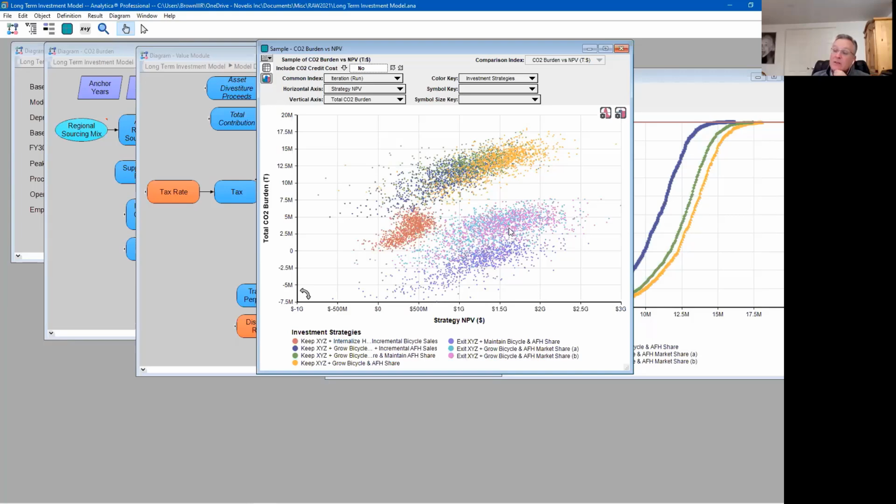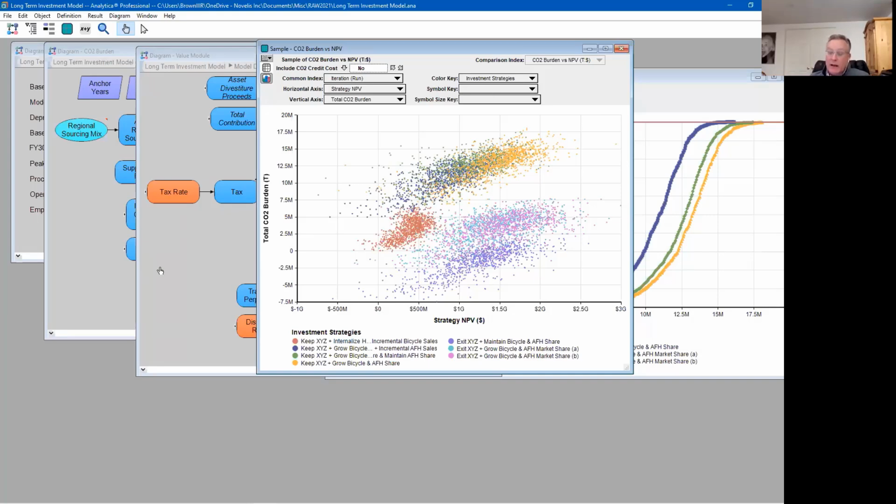There may be other reasons why we might still pursue these strategies, even though this grouping or scatter of CO2 outcomes are the lowest. So another way to think about this would be to convert the CO2 generated from a kilogram production level to an actual dollar level, and then do a dollar-to-dollar comparison. So that's sort of where the meat of all of this is heading.